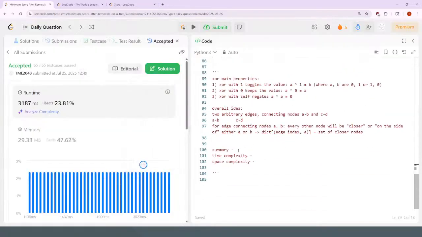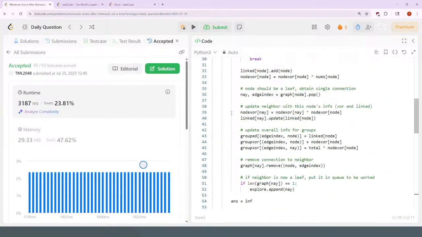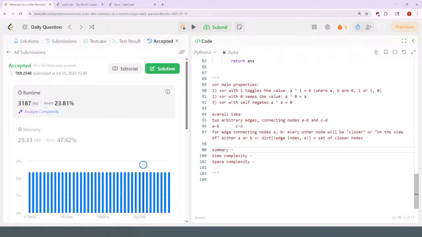All right. So in summary, what is the summary here? I guess the big overall things would be: create some graph of the nodes. In this case, the graph maps node to neighbor to a list of tuples of neighbor and edge.